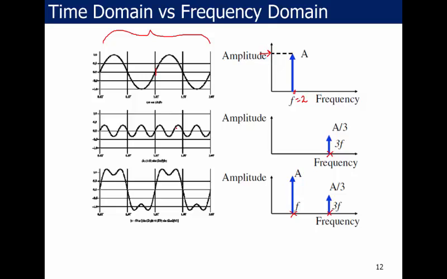The whole left side is depicted over time. But the right-hand side is depicted over frequency. Let's say this frequency is f. This frequency is 3f, right? By the way, this third one is the combination of these.